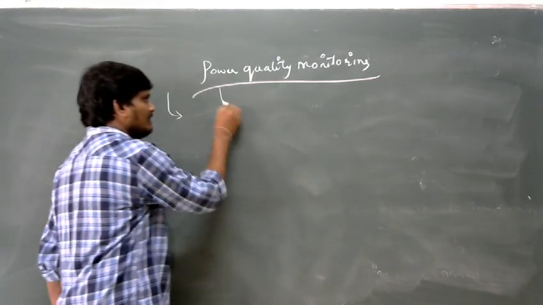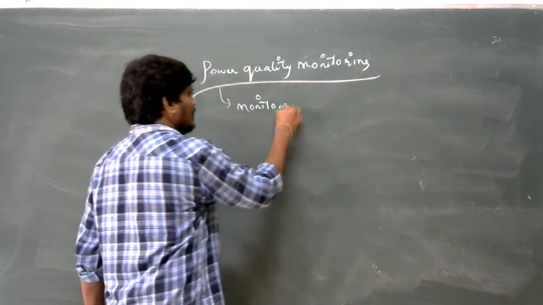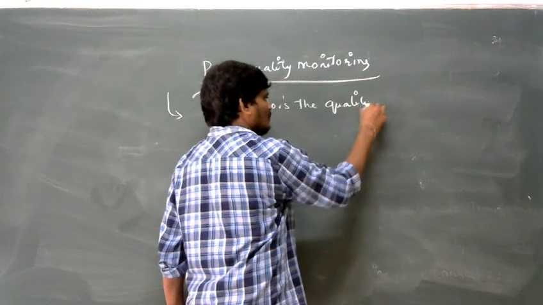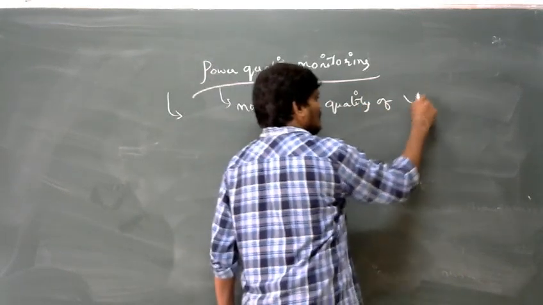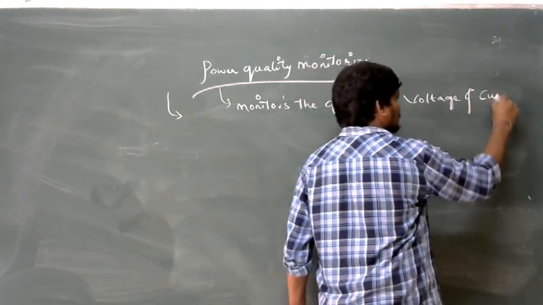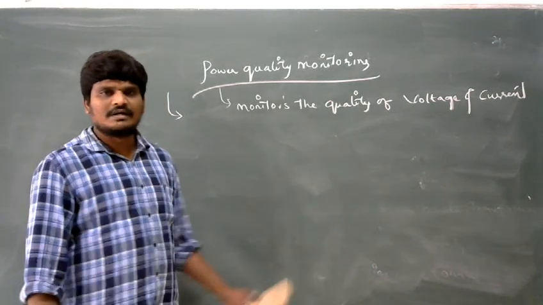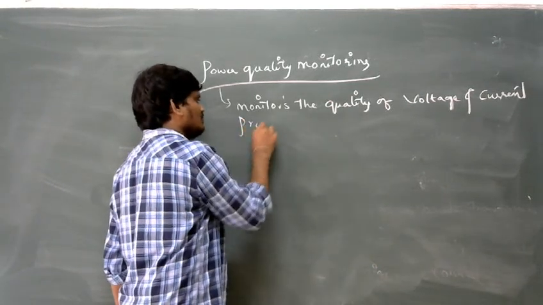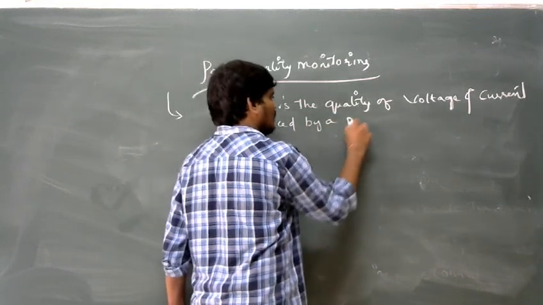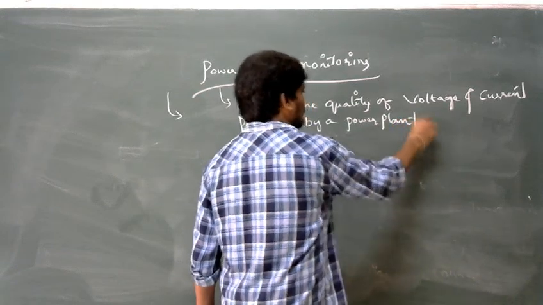Power quality monitoring is the one which monitors the quality of voltage and current produced by a power plant.